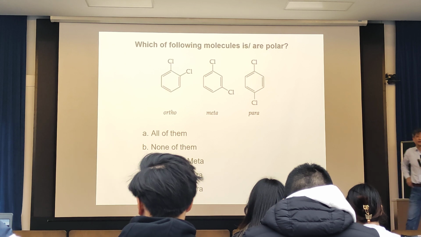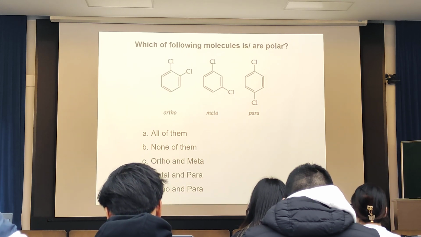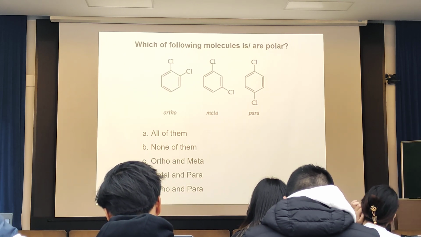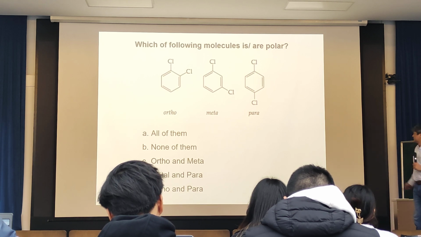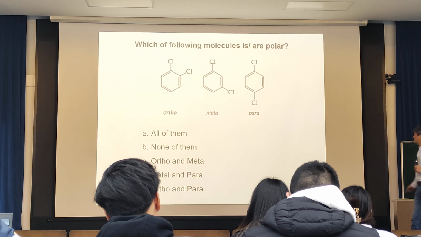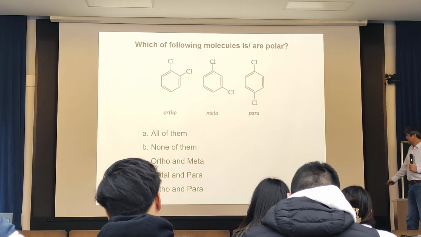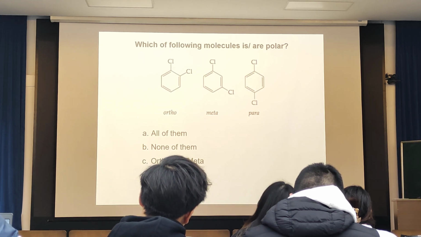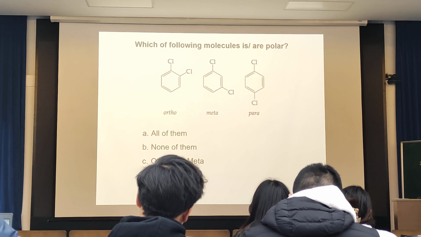So now, question. Which of the following molecules is or are polar? A, none of them. A, all of them. B, none of them. C, ortho and meta. D, meta and para. And E, ortho and para. Which one will be the correct answer?